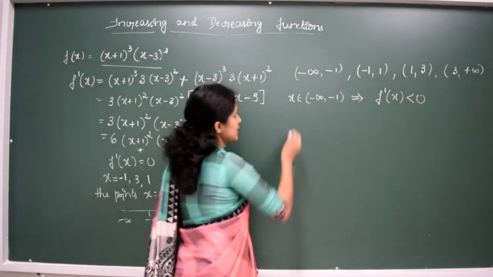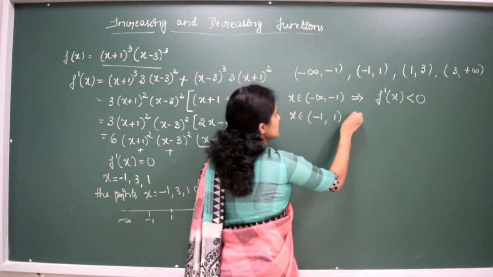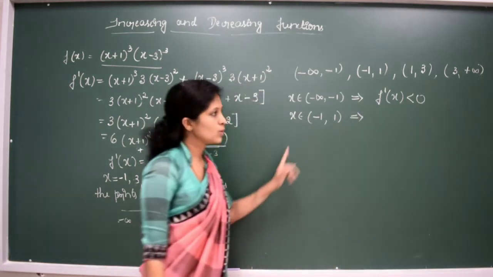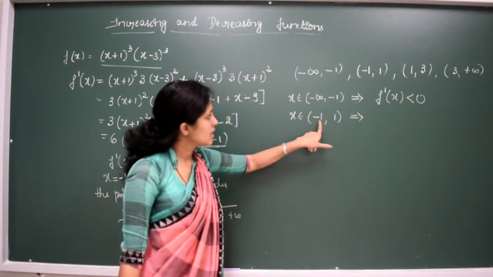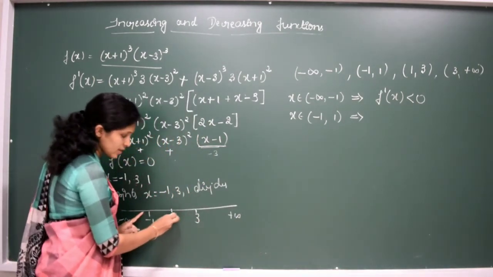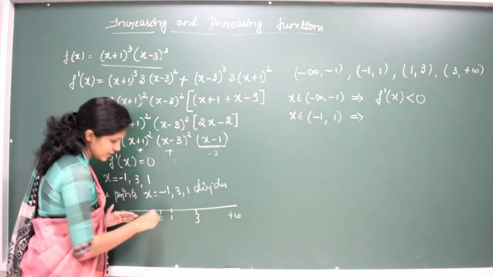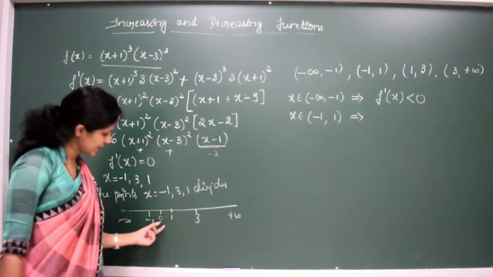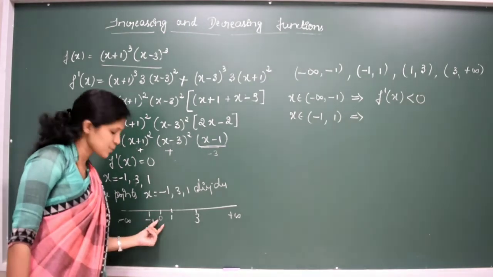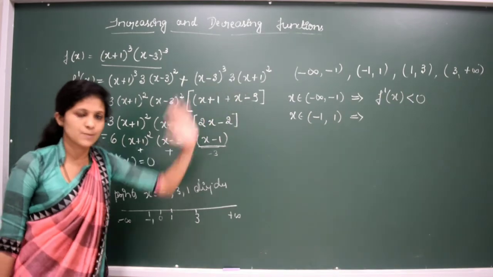We'll check the second interval, x belongs to −1 to 1. Here 0 is in between −1 and 1, so we'll substitute x as 0.